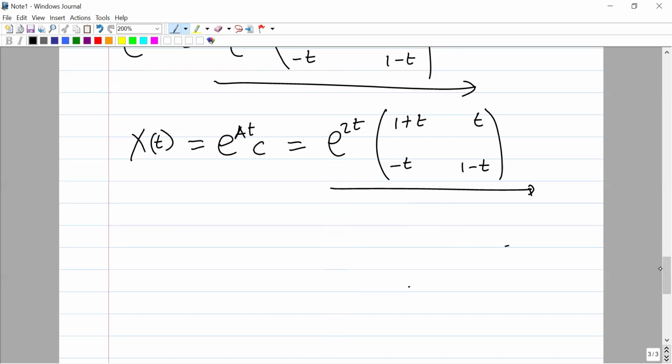You may want to check the obvious, just to check if this is correct. Let's just check. We know that this one is times c, the vector.